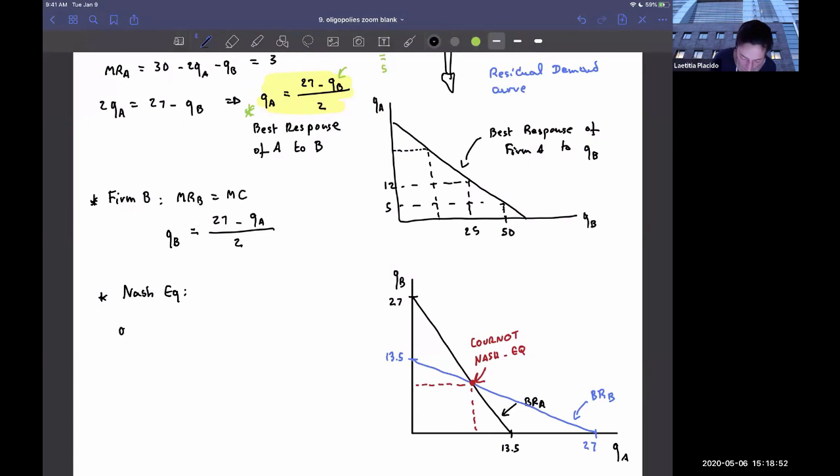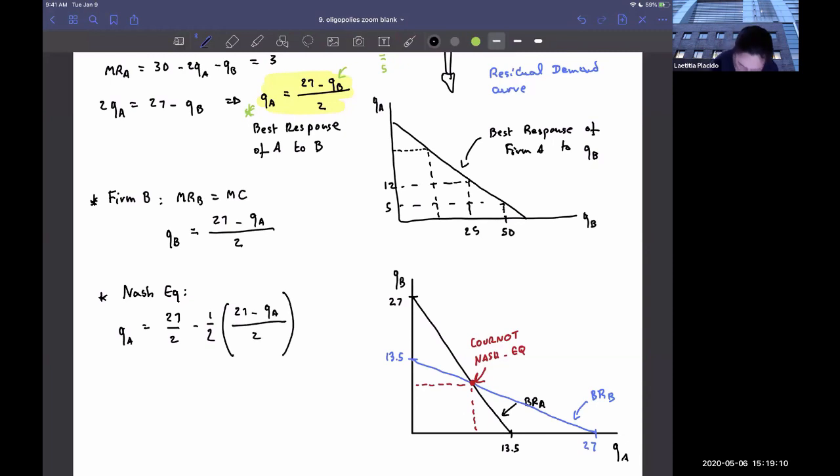So QA is equal to 27 over 2 minus 1/2 QB. And QB is 27 minus QA over 2.